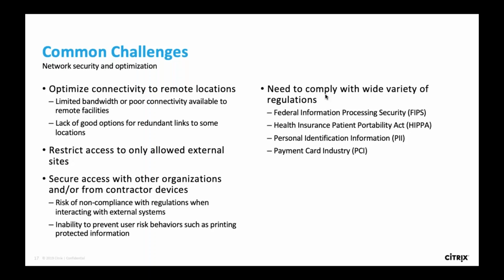So we have ways to address some of those regulations that are out there. From a FIPS perspective, we have FIPS 140-2 encryption in our products as well. So if there are specific needs that you have around these regulations, please reach out to your local sales team, and we'd be happy to discuss how we achieve those compliances and regulations through the architectures that we have for each one.